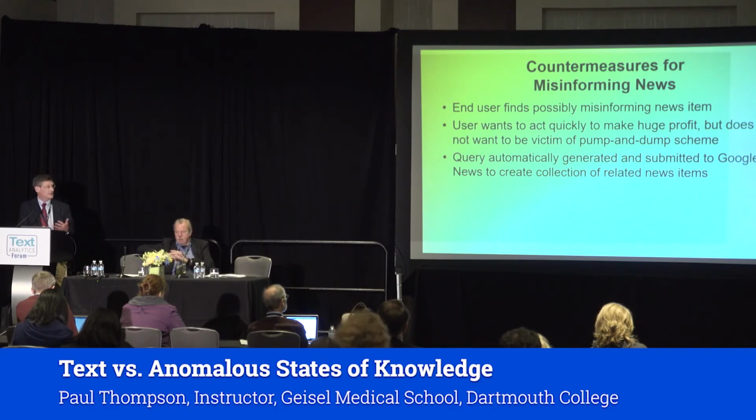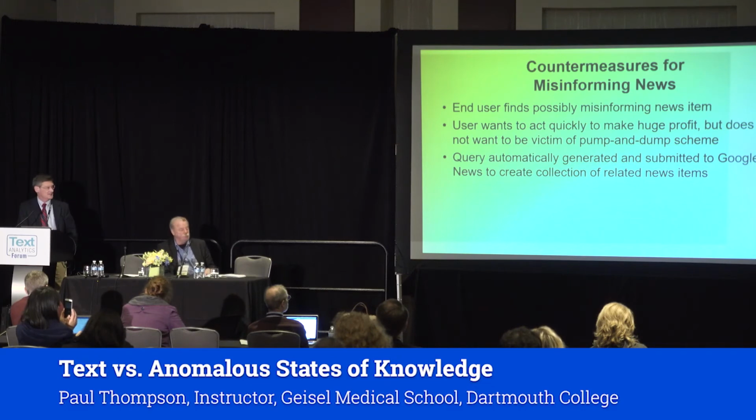They were looking at this data to see whether their language modeling approach to information retrieval could predict future stock prices, whereas we got the idea of trying to detect any disinformation that might be in the news using the same data set. So the end user wants to find a possibly misinforming news item.